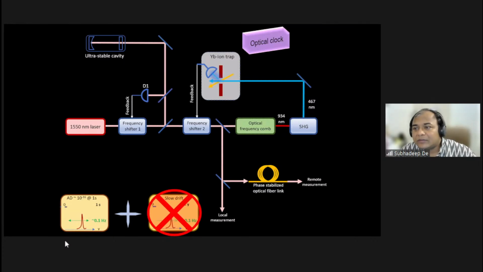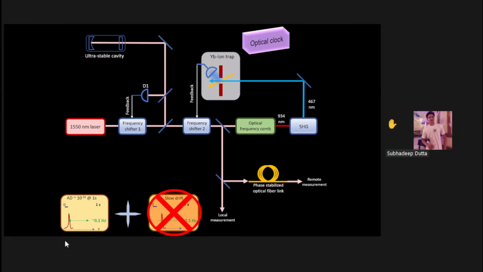But gravitational field is something else. As far as my knowledge goes, and I'm not a gravitational wave physicist, that is not perturbed by electric and magnetic field. You can probably ask this question to a gravitational wave physicist who can answer you better. But as far as my knowledge is concerned, the answer is no. Oh, okay, sir. Thank you.